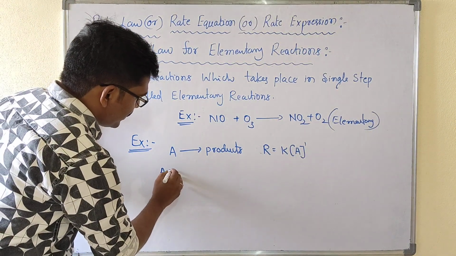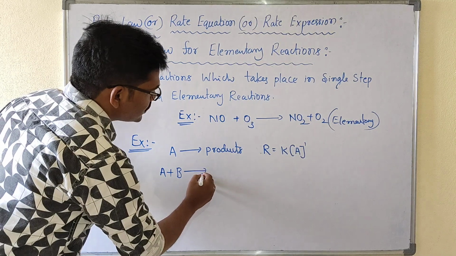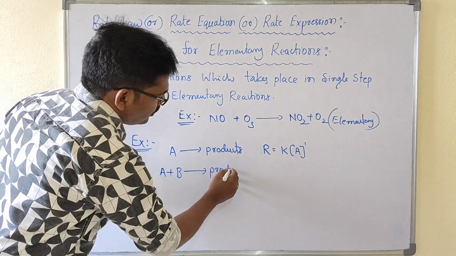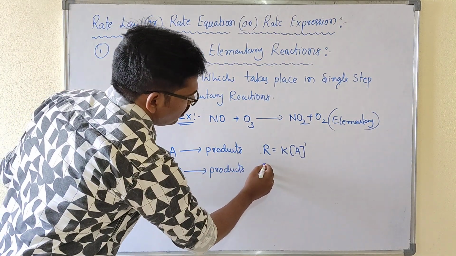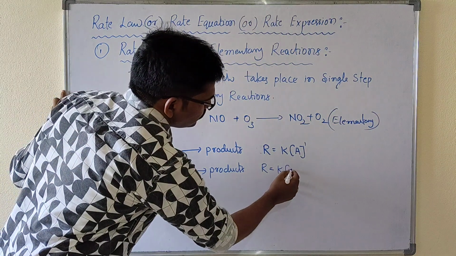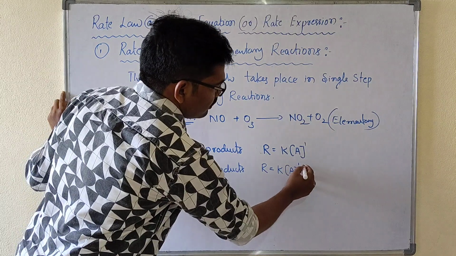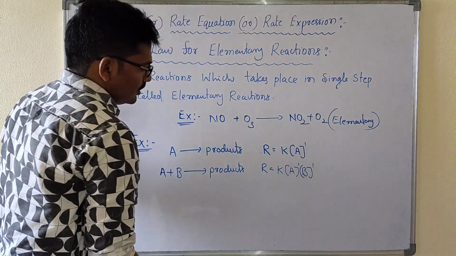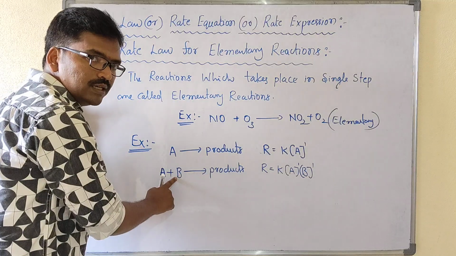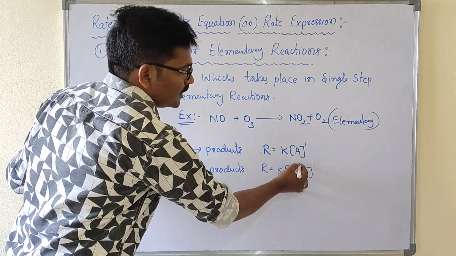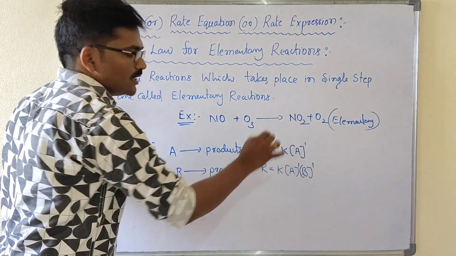See, A plus B gives rise to products. Then R equals K into A to the power 1, then B to the power 1. So stoichiometry coefficients become the powers always in an elementary reaction.